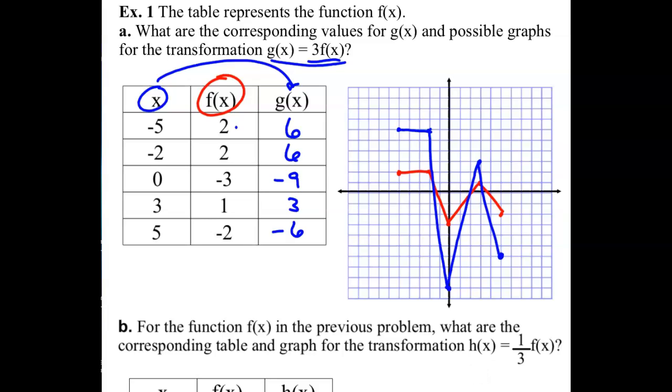All right, so notice that we've taken our red graph and we've just pulled it up and down, okay? Like a rubber band that you're stretching.